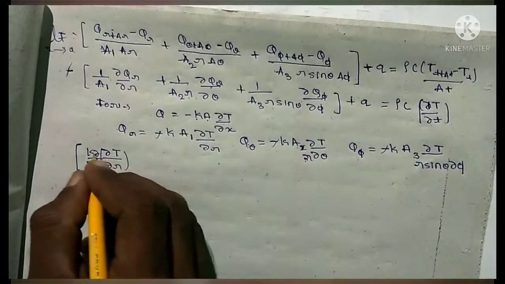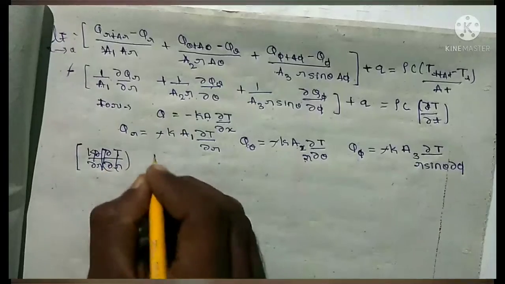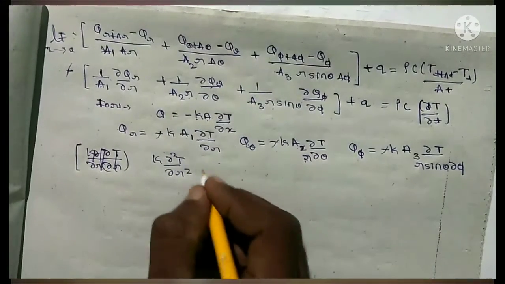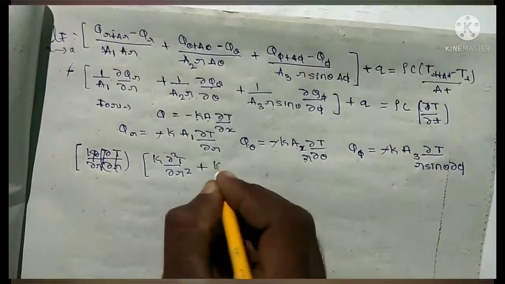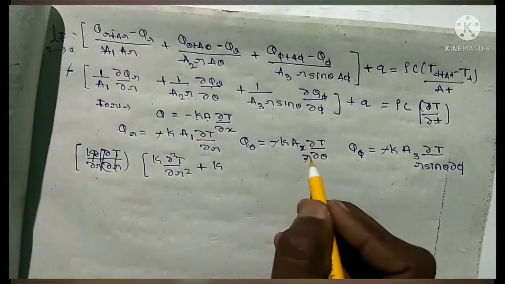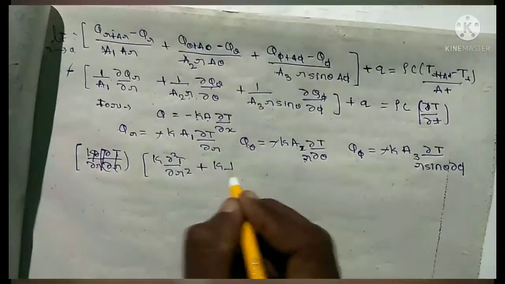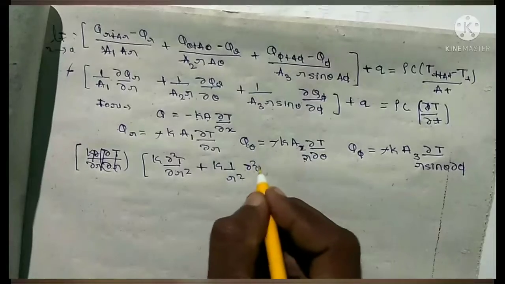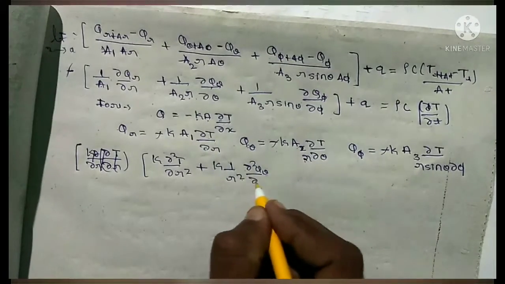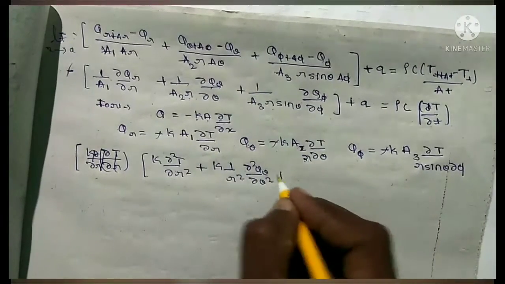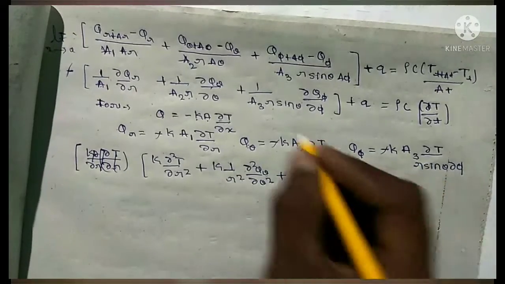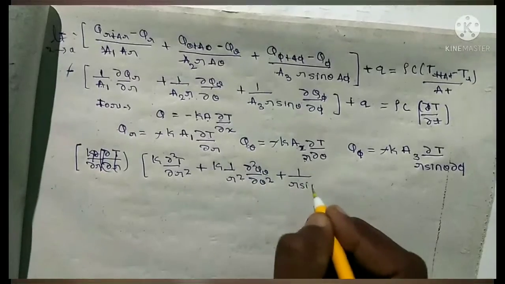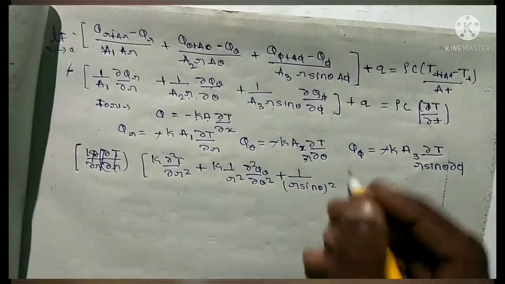I will write this term here as k into ∂²T by ∂r² plus k into, here the r is there, so it becomes 1 by r square. A2 gets cancelled. The remaining is ∂²T by ∂theta² plus, here, r sin theta whole square, 1 divided by r sin theta whole square.